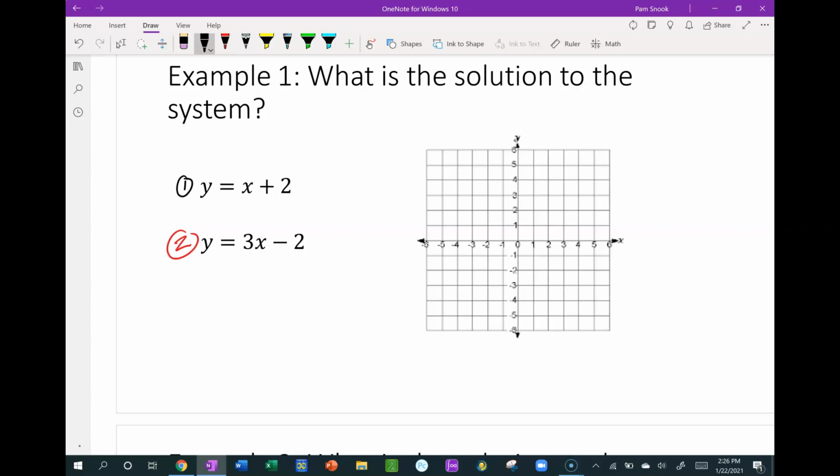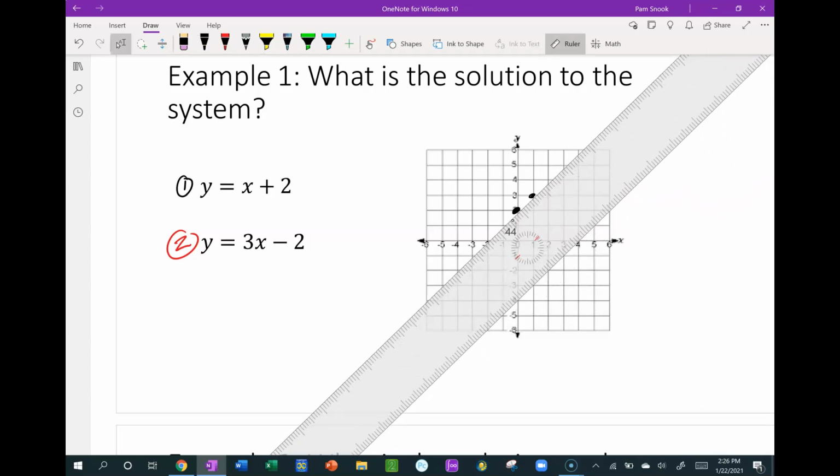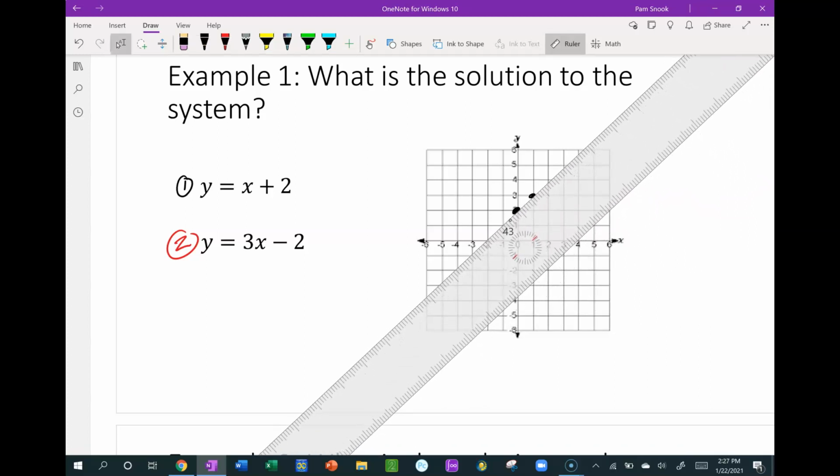So I'm going to graph our first one using black. My y-intercept is a positive 2. I'm going to put a point there. And then slope is 1, so I'm going to go up 1 and over 1 and put a point there. I'm going to get my ruler and graph this line.